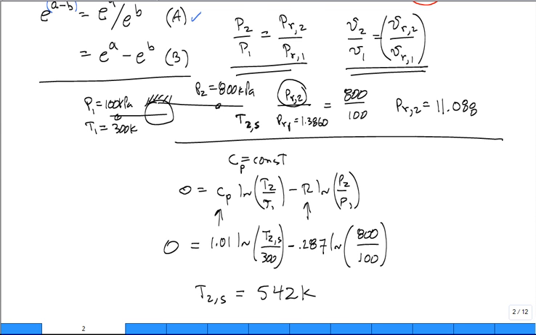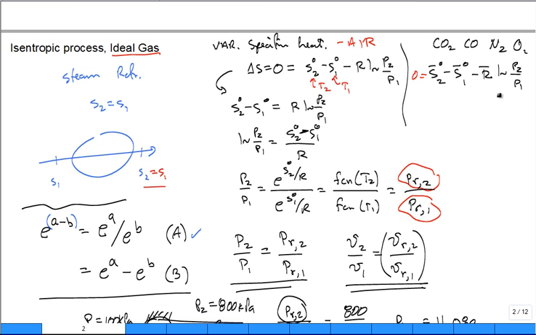Okay, what happens if you want to do something for the isentropic process with CO2, CO, or other ideal gases? If you want to use variable specific heats, you can still do it, it's just that this is a function of temperature only. So what you would do is get s2 bar naught equal to s1 bar naught plus R bar natural log of P2 over P1.